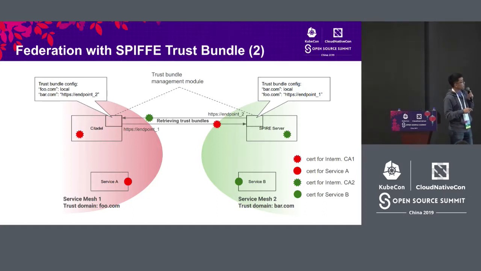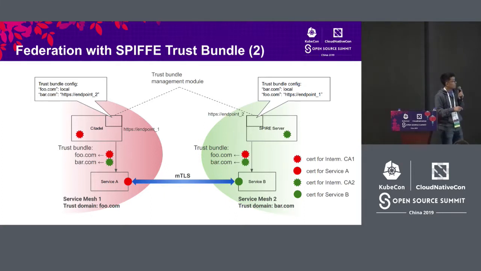And after you configure all those, they are up and running. The trust bundle management module starts to retrieve the trust bundles. The Citadel part distributes its trust bundle containing its own root certificate to the SPIRE server, and the SPIRE server also distributes its trust bundle to Citadel.